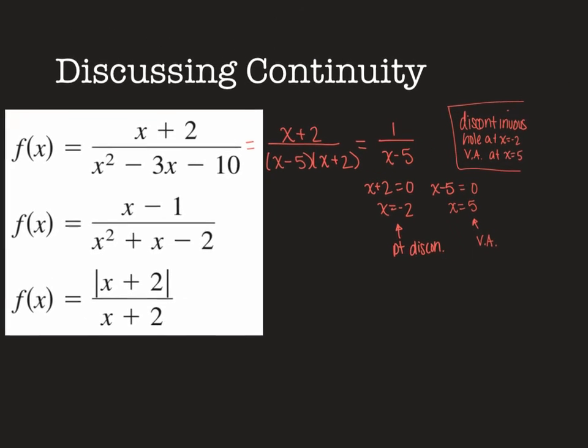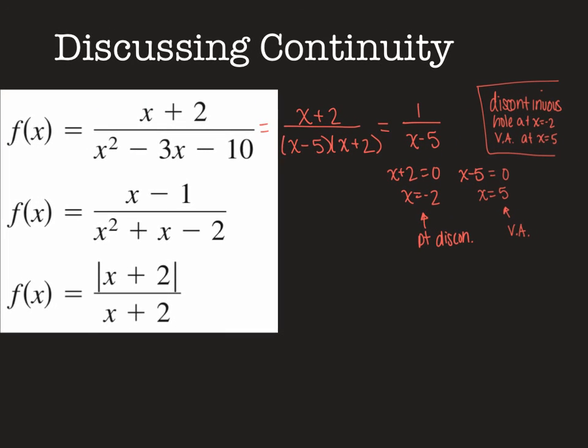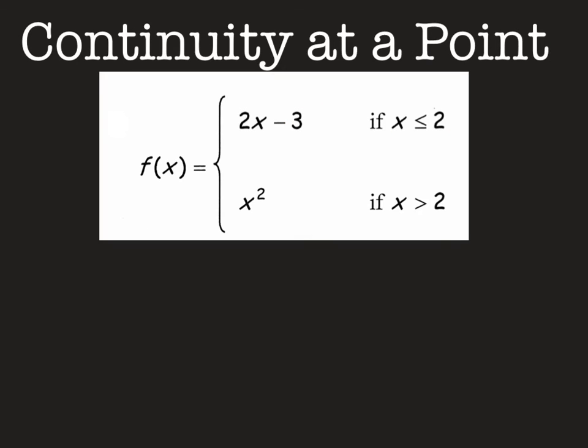So I'm not going to do the other ones on this page, but you can just see that you're going to either have ways that you can factor or you can work with these equations to find what values will not work. So one other way that we can talk about continuity is most specifically at a point.